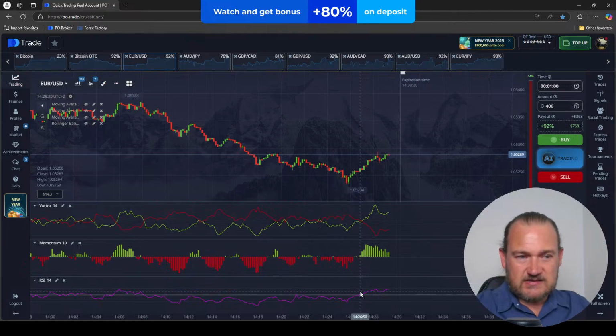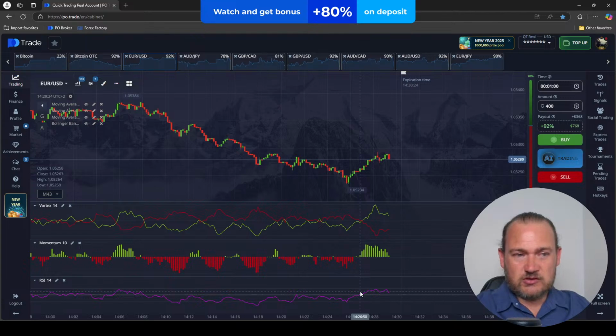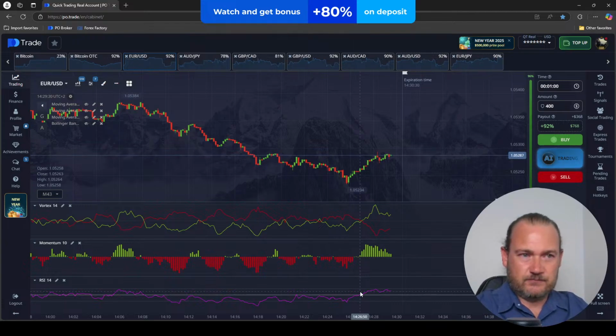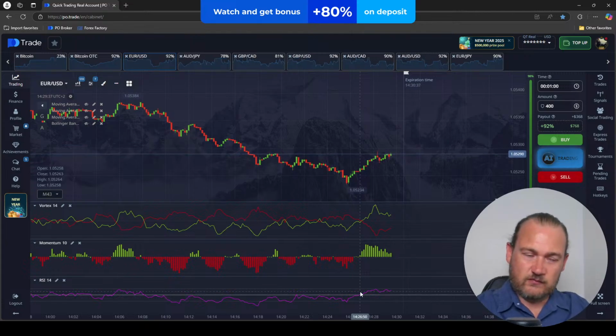So yes, we do use reversal strategies, but we do not use reversal strategies when we use any trend indicator like the Vortex. Vortex is a trend indicator, so we're not going to be looking for reversals ever from the Vortex. We will only look for continuation.